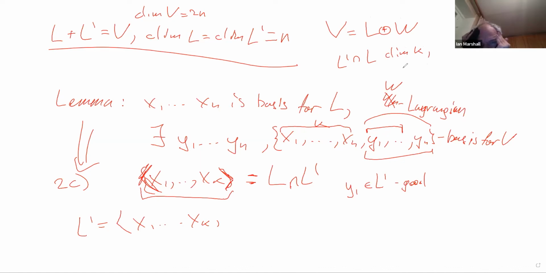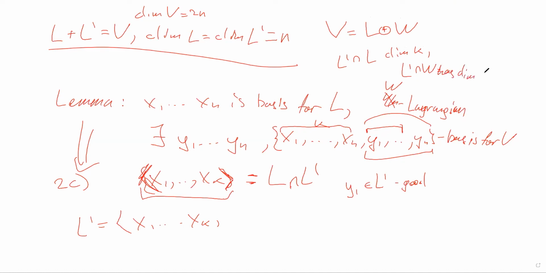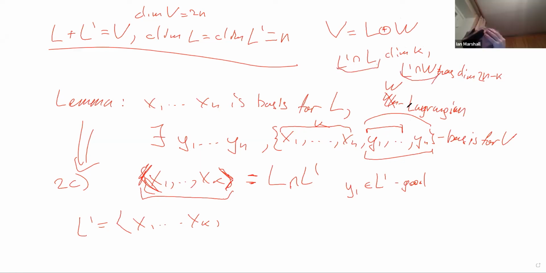It will yield that L prime cap double V has dim 2n minus k. So now we just fix any basis here, and get the basis of the big spaces.